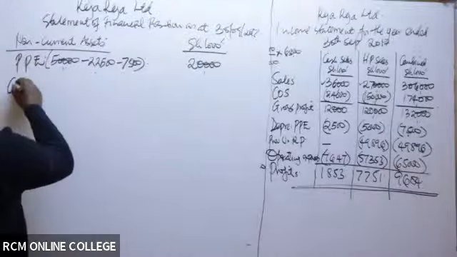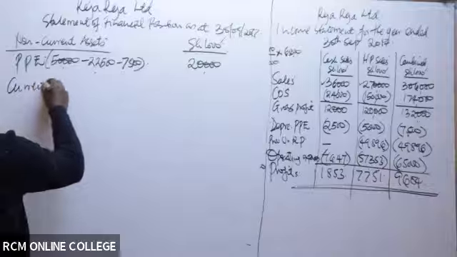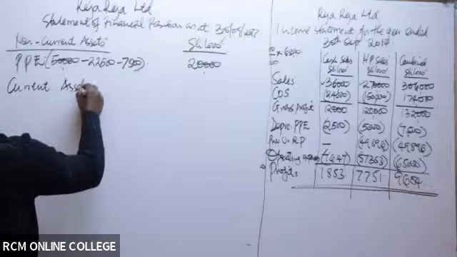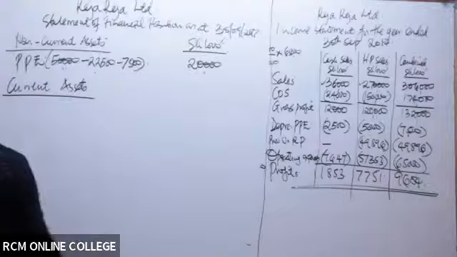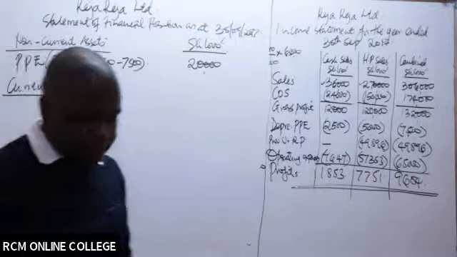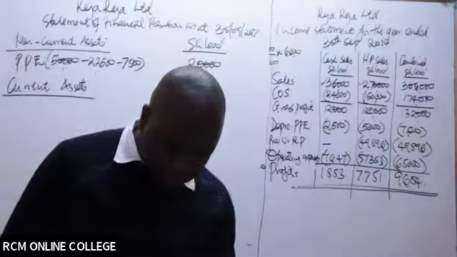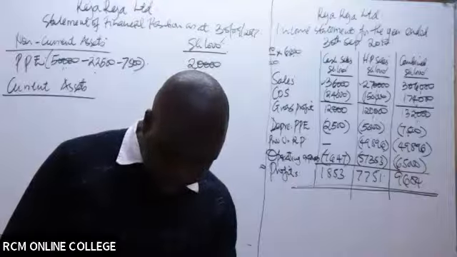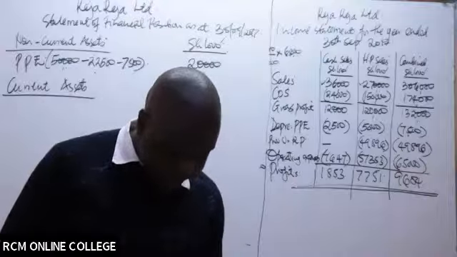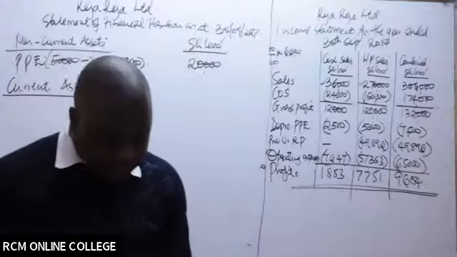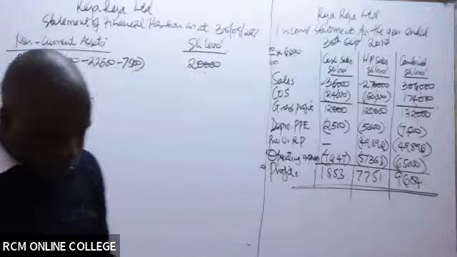So you can have now the current assets. For the current assets, if you look at the trial balance, there's an amount that we are told was in the bank. So there's the cash balance. The cash balance in the bank is an amount of 3104.